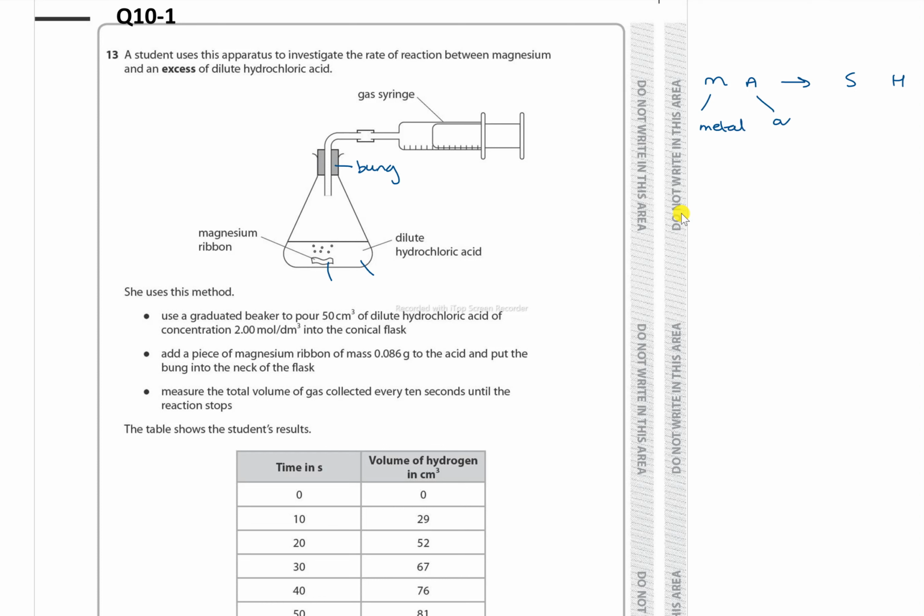That is your acid, which is dilute hydrochloric acid. That is your salt that is formed, and that is your hydrogen gas. So now, if you've got hydrogen gas, we're expecting bubbles. Right, and another word for that is effervescence.